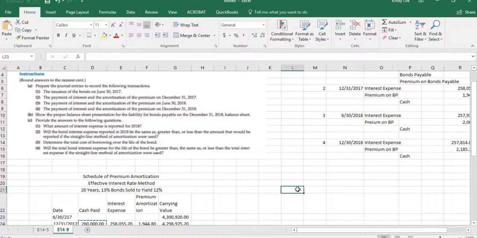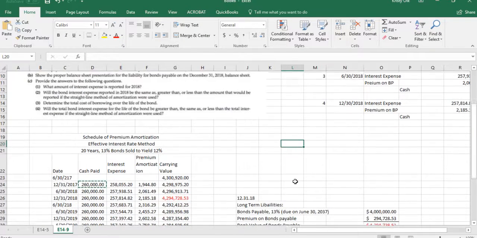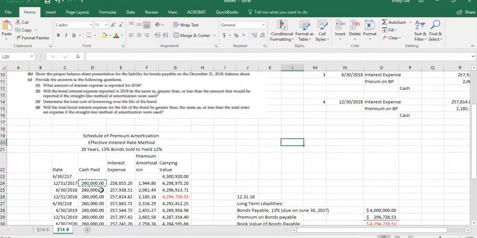So let's do some evaluation here. From January 1st, 2018 to June 30th, 2018, that is right here. That's the amount. So we have January to June 18.